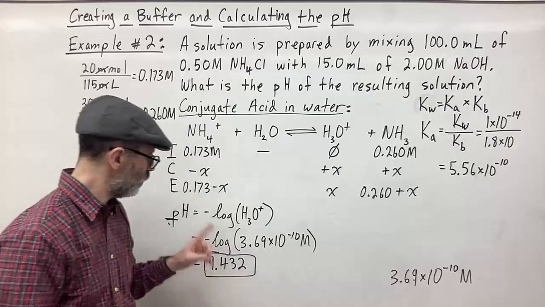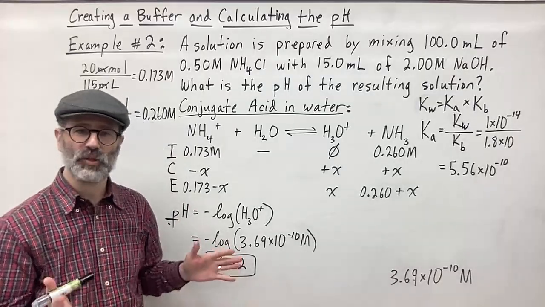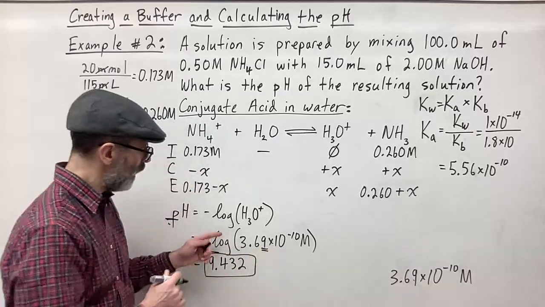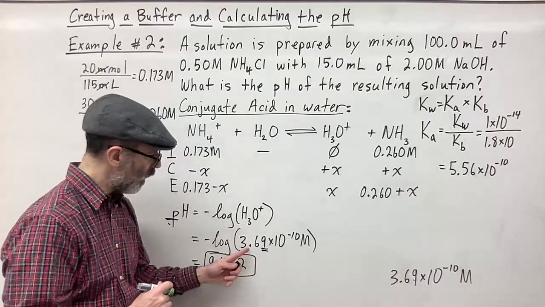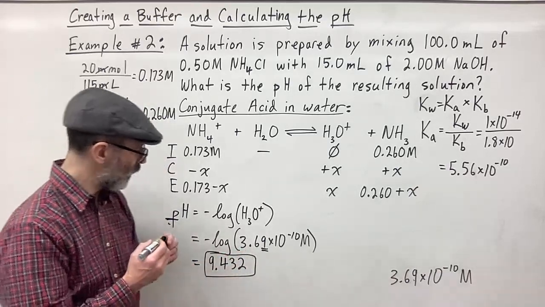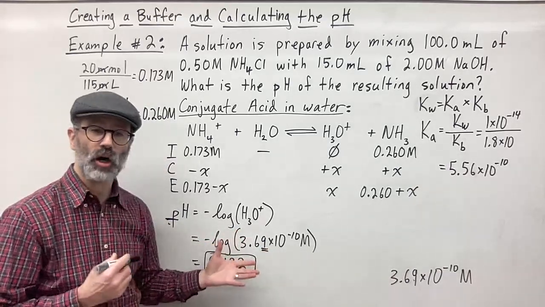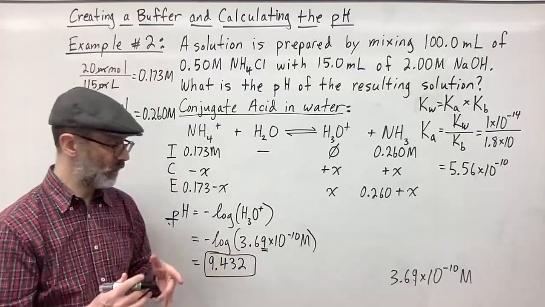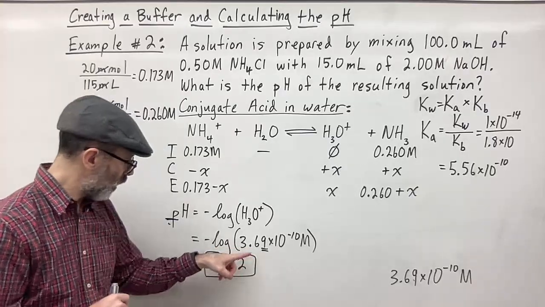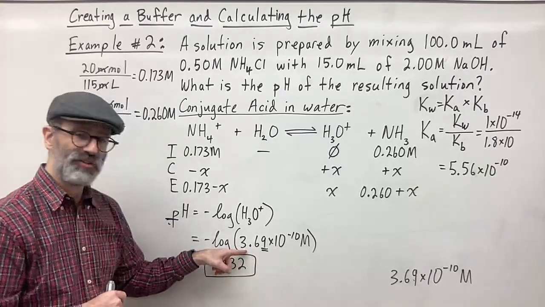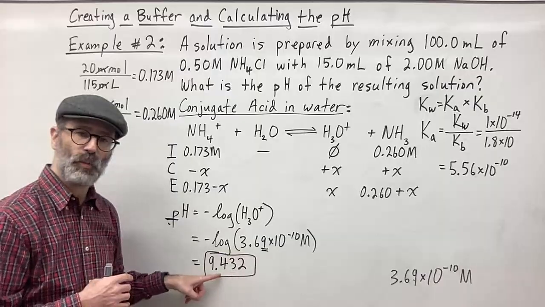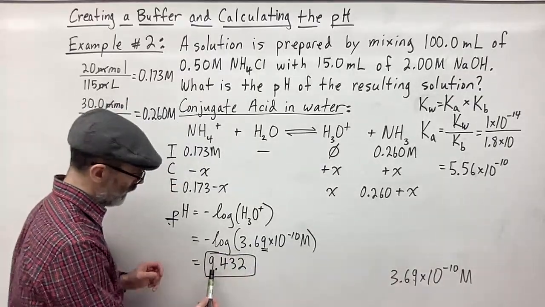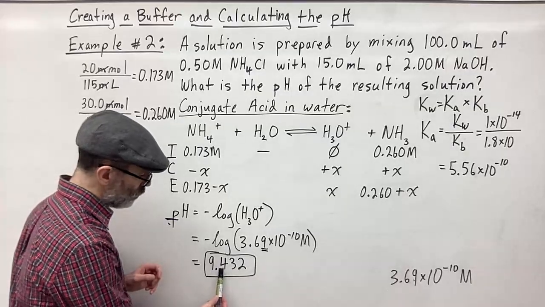And so here, I just want to point out sig figs again, what the rule is. Now here I kept an extra digit. So technically this is 2 sig figs in my answer. And so when you take the log of a measurement, the number of sig figs here translates into the number of decimal places here. So here I have 2 sig figs, so technically I should have 2 decimal places.